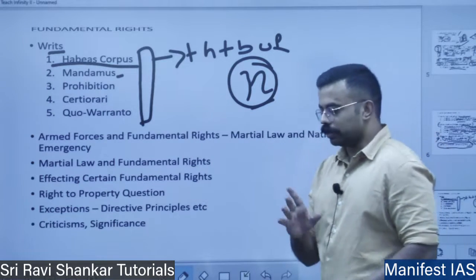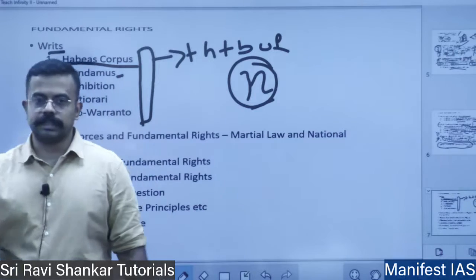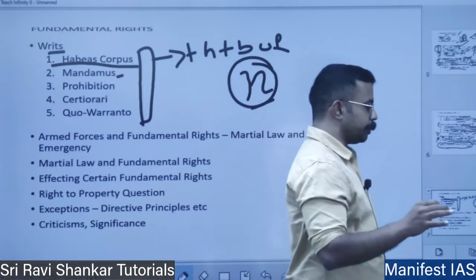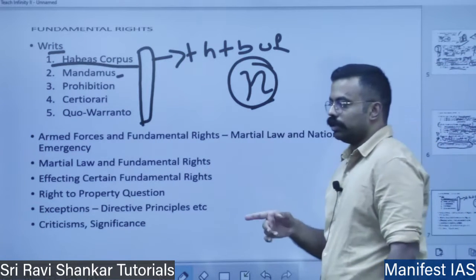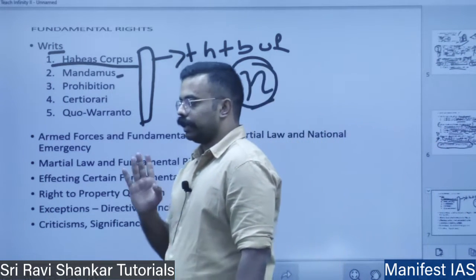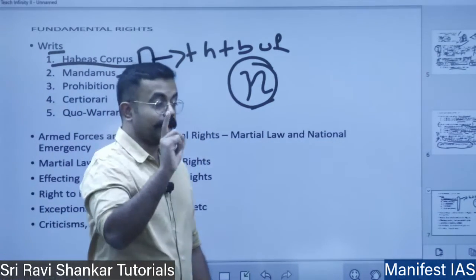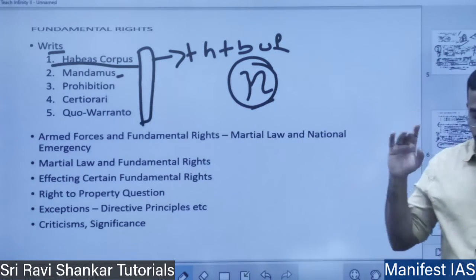Suppose the government has to disperse certain funds, so the court says, you are supposed to disperse these funds. However, you have not done your duty, so please do your duty. They don't say please and all. They just say, we command, you have to do. So no request, it's an order.